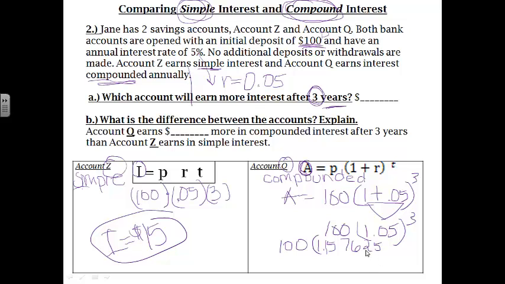Now don't be scared when you get these long numbers, because we know that we can always, at the end, cut off what we don't need. So 100 times 1.157625 is going to end up being $115 and rounded to 76 cents.